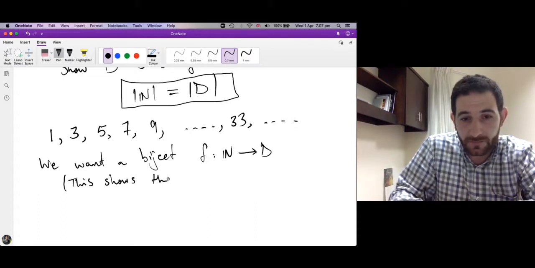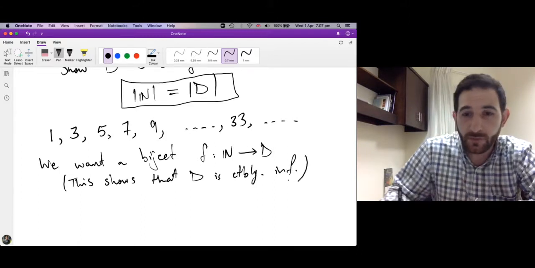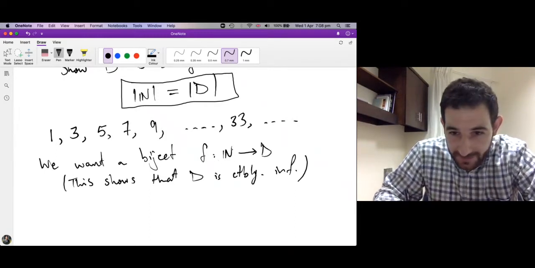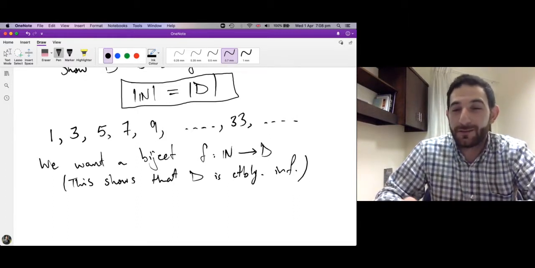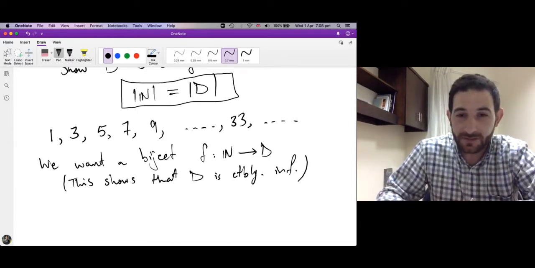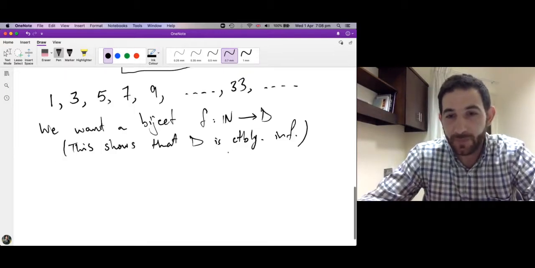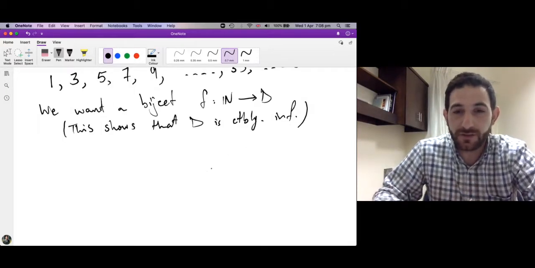This is how we define countably infinite: D is countably infinite if the cardinality of D is equal to the cardinality of N, and two cardinalities are equal means there is a bijection from the first set to the second set. Let's try to find this bijection.